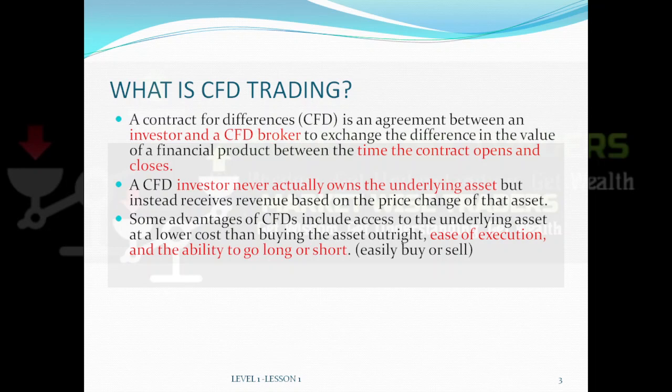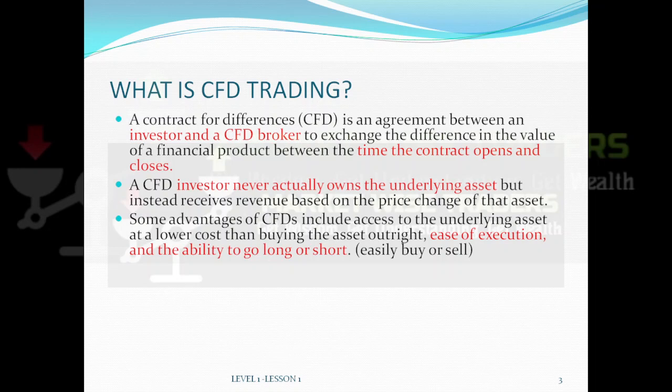Whereas back in the day, if you were buying an asset like, say, gold, you would have to go to a gold dealer, carry your cash and get the physical gold. Then if you wanted to sell it back, you'd have to take that gold and find another place to sell it at a higher price to make your profit.